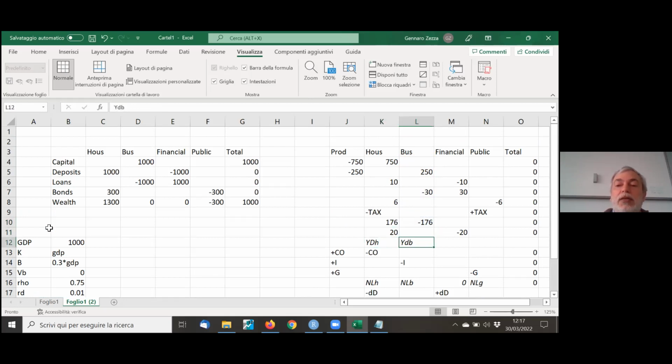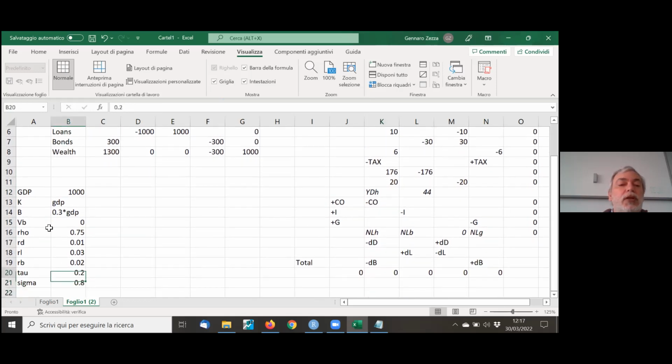So that this disposable income has to be the sum, and this should be a small number. And now the pre-tax disposable income is the sum of all the elements I have in here. So this has not been defined. Let's use this tau.